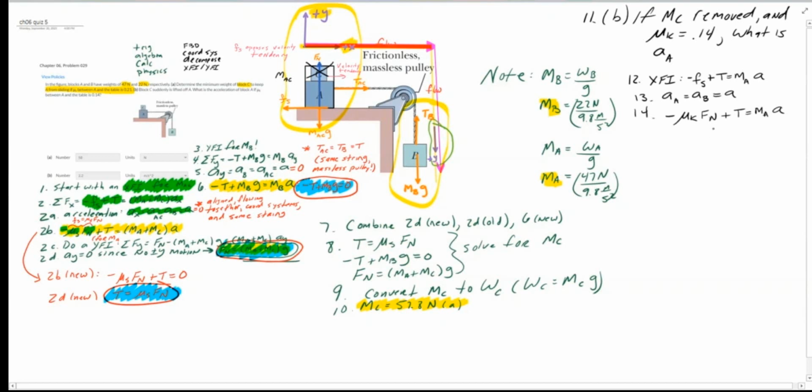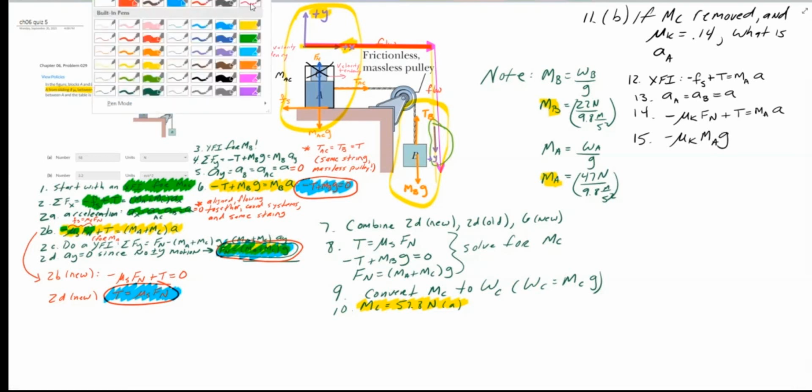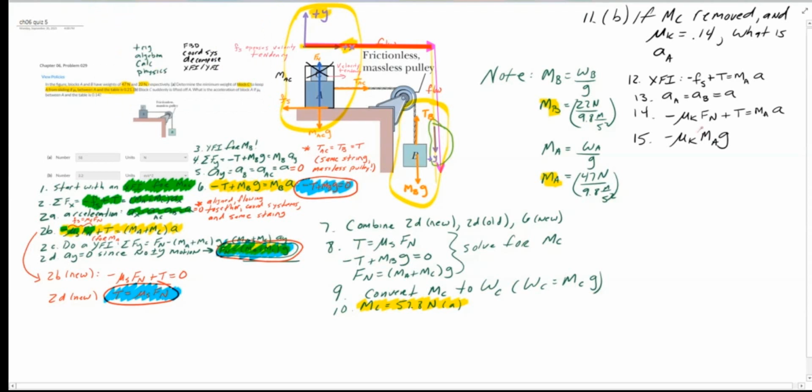I know the normal force. So again, in the interest of compressing time, I think you know the normal force is just going to be the mass of A times G. So I'm sidestepping the Y force inventory because I think you can kind of see that this is the normal force.